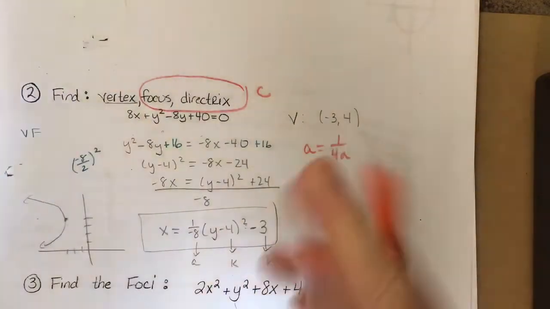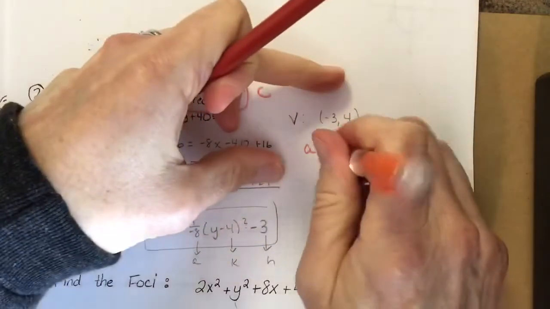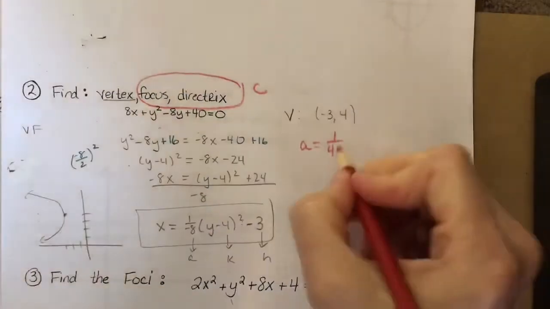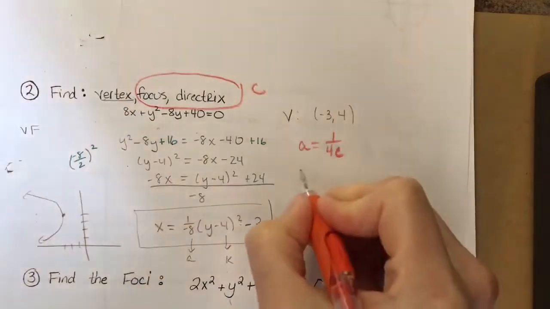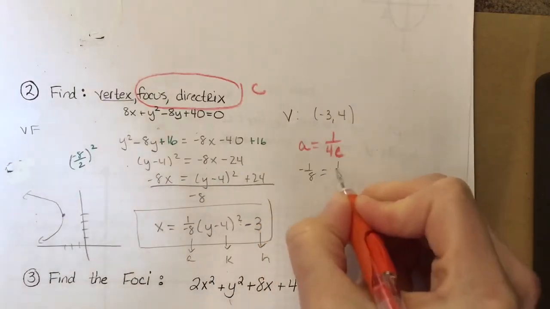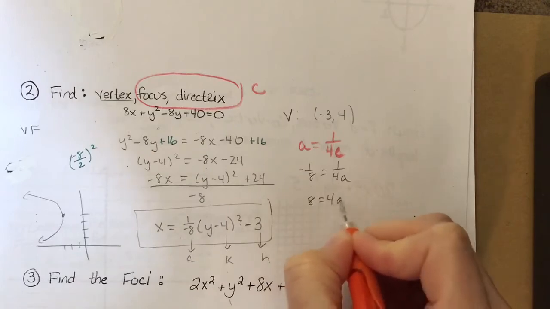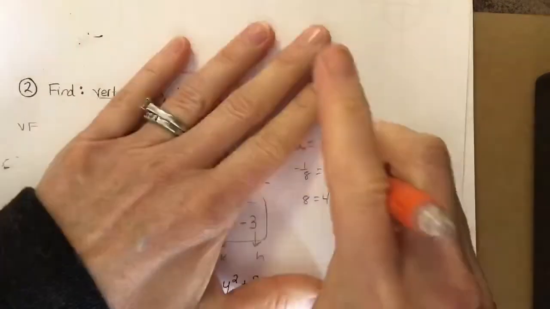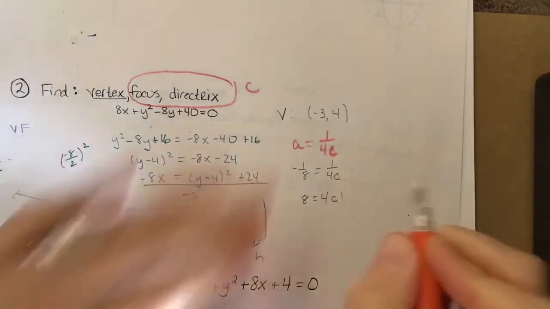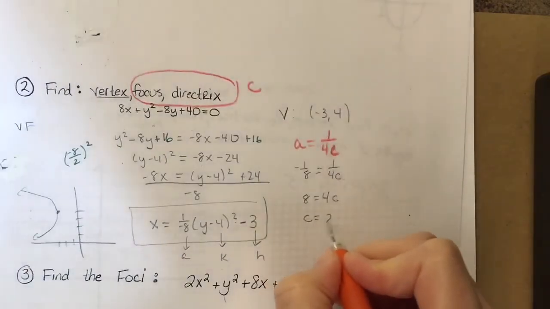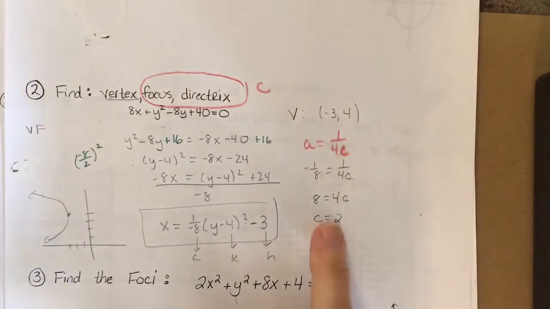So a is negative 1/8 equals 1 over 4c. This is why I have an eraser. So 8 equals 4c. I keep putting a. C is 2, or you can think of it as negative 2, but I think of it as positive because it's a distance.